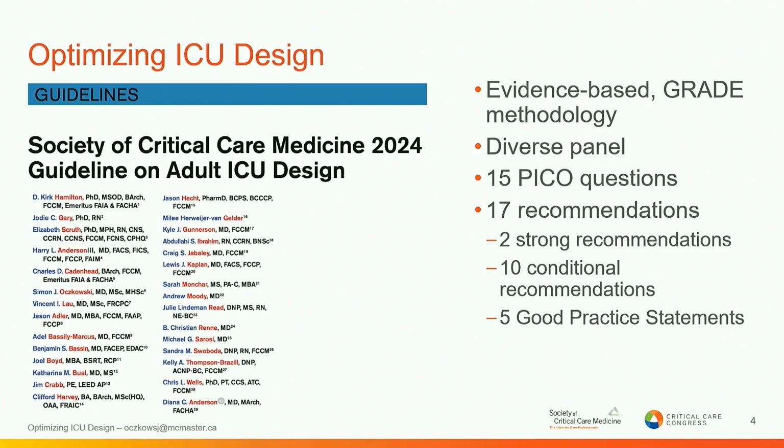We used a diverse panel including architects, which I've never worked with as a critical care physician on a guideline, but also clinicians from across the spectrum of critical care: medical, surgical, nursing, allied health, subspecialties that work in the ICU, HVAC and air handling specialists, infectious disease, infection control, really a broad group of individuals, including many of whom outside of their professional role have also been patients or family members of ICU patients. We made 17 recommendations, 2 strong, 10 conditional, and 5 good practice statements. And I'll talk about what those are in a minute.